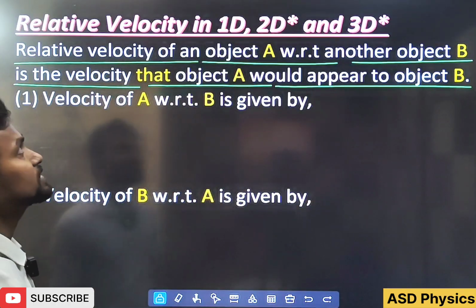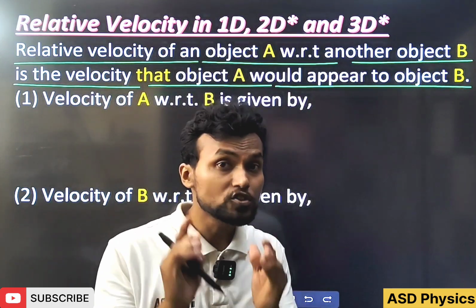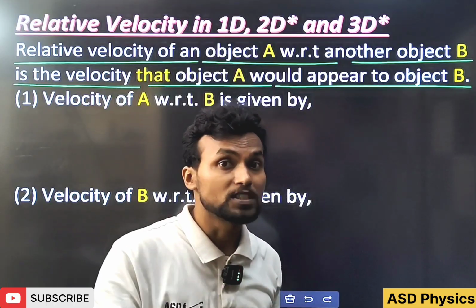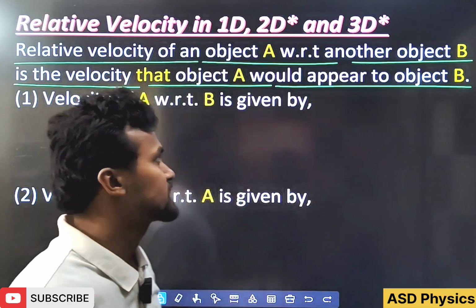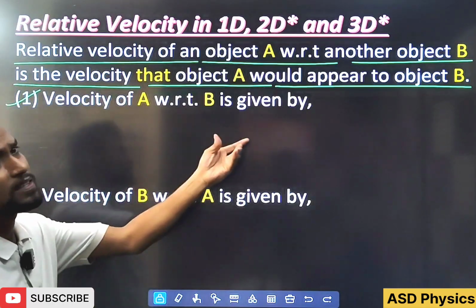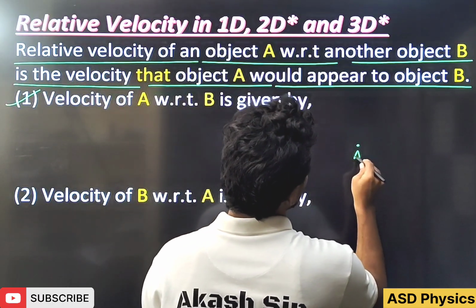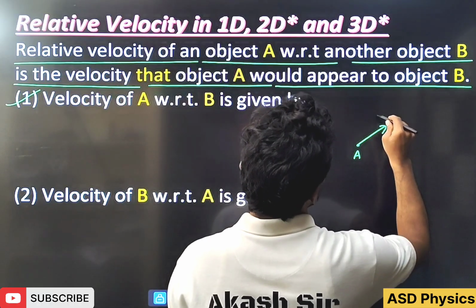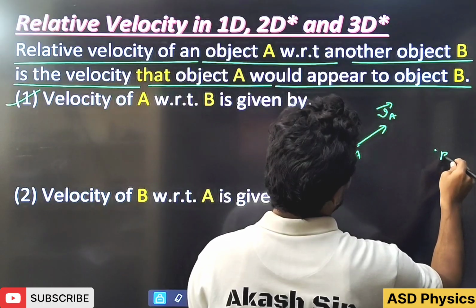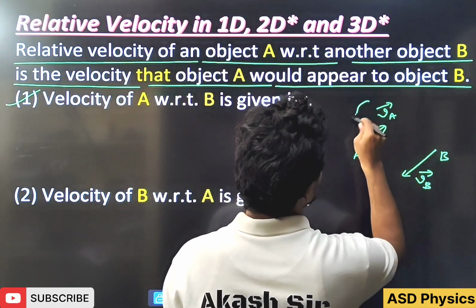So remember that when we are seeing the relative velocity with respect to object B, then who is the observer? Object B is the observer. So with respect to the observer B, the situation will be seen. Okay, so see here this first one: velocity of A with respect to B. Let's take for example, this is A moving with the velocity VA in this direction, and this is B moving in some other direction with velocity VB.